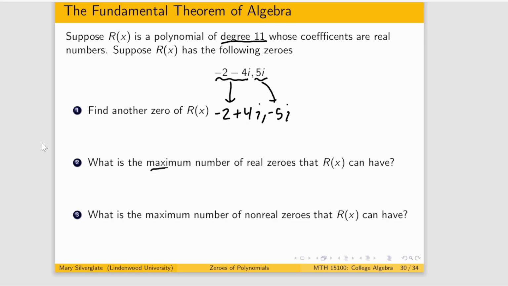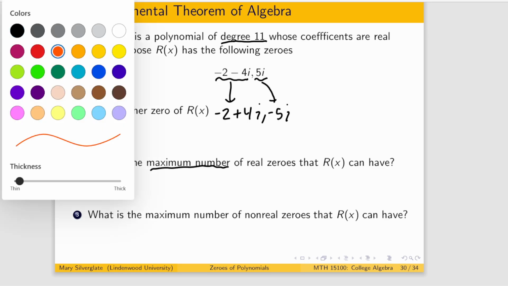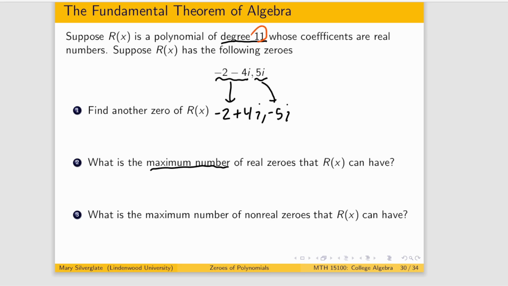Then it says, what is the maximum number of real zeros this could have? So I think it's good to conceptualize what's going on here. If it's degree 11, we've got 1, 2, 3, 4, 5, 6, 7, 8, 9, 10, 11 zero spots. We've already taken up some of those with negative 2 minus 4i and negative 2 plus 4i.